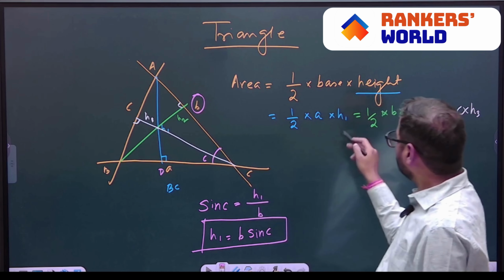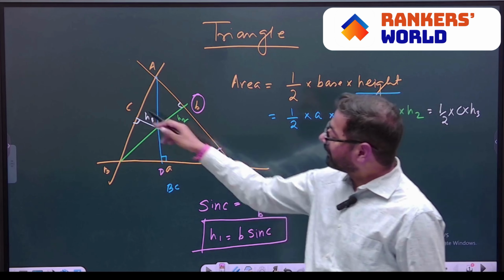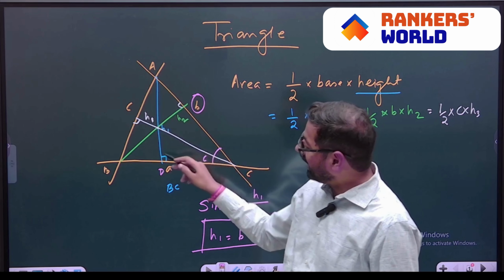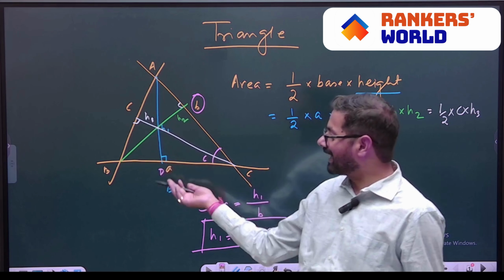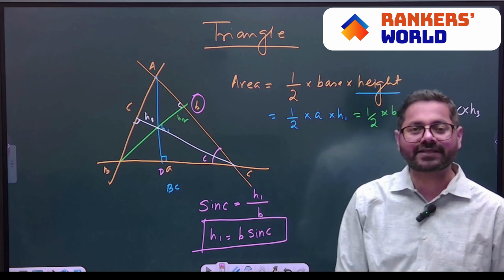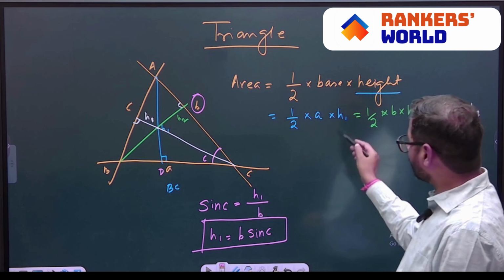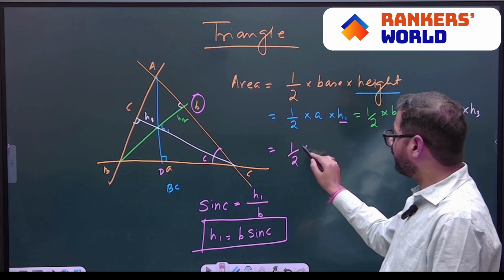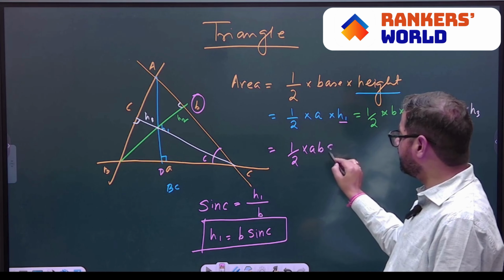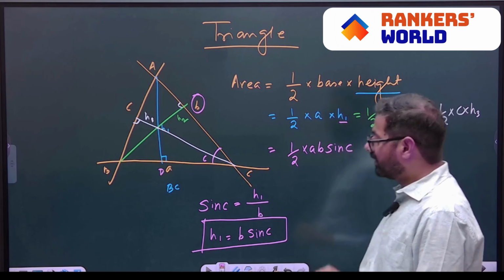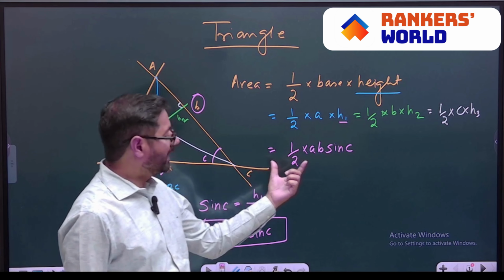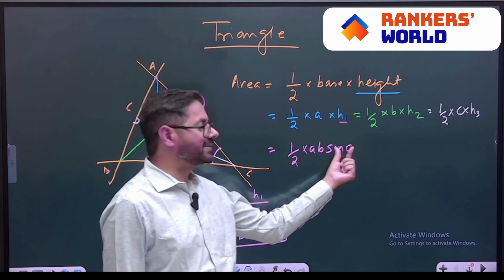It becomes C sine A. For H3, it becomes B sine A, and so the values can come. So if I replace H1 in this, it will come like this: half A, B and sine C. See how cyclic it is. The area of a triangle is half AB sine C.